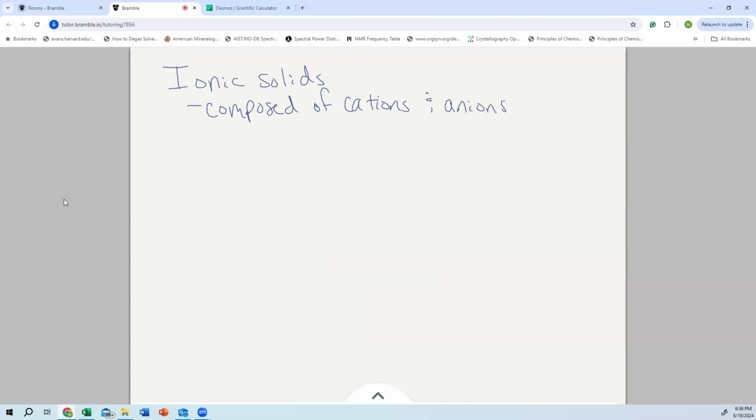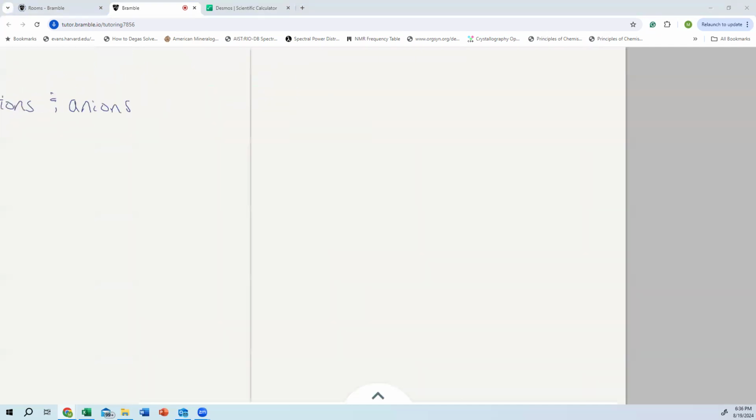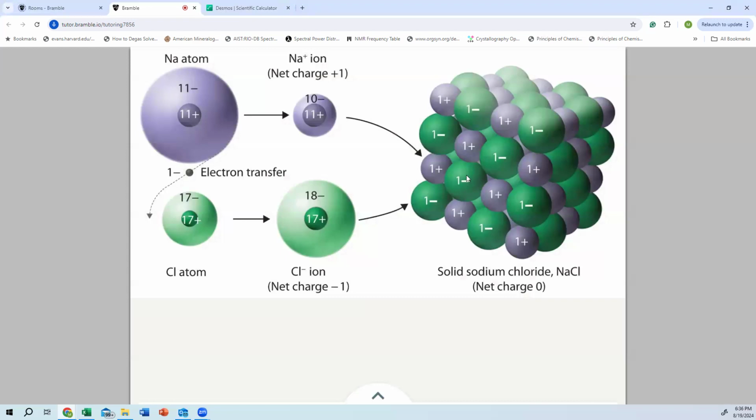So when we look at ionic solids, these are going to be ions beyond count. So this is an example of an ionic solid, specifically sodium chloride or salt. So it has ions beyond count.